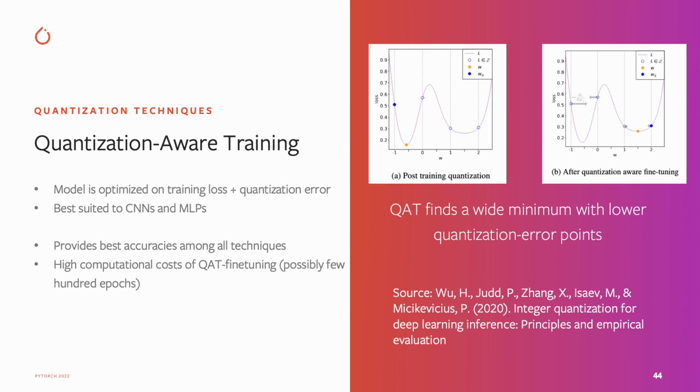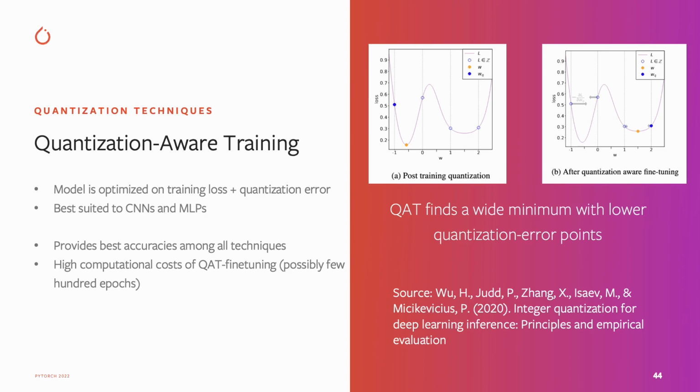The same model, when using QAT during training, instead of finding the most optimum minima in floating point 32, actually finds the wider minima. When quantizing this model, the int8 loss is much lower than what we would have encountered if we were using PTQ.